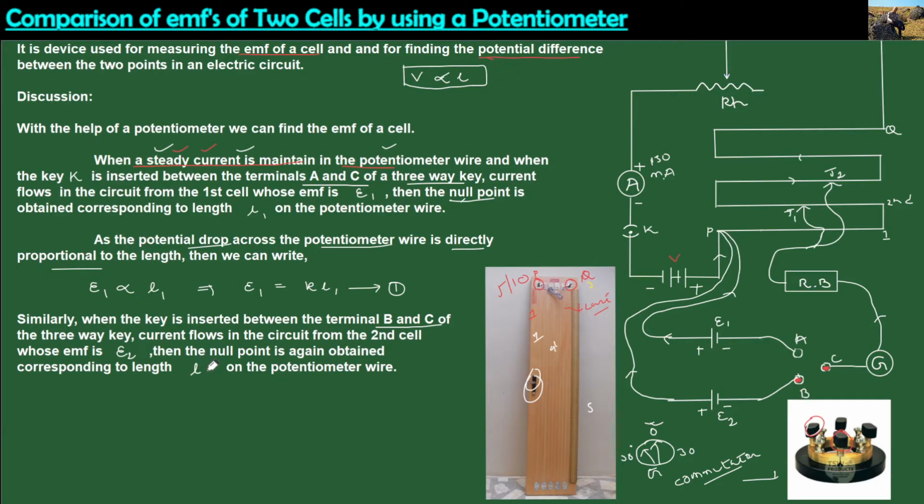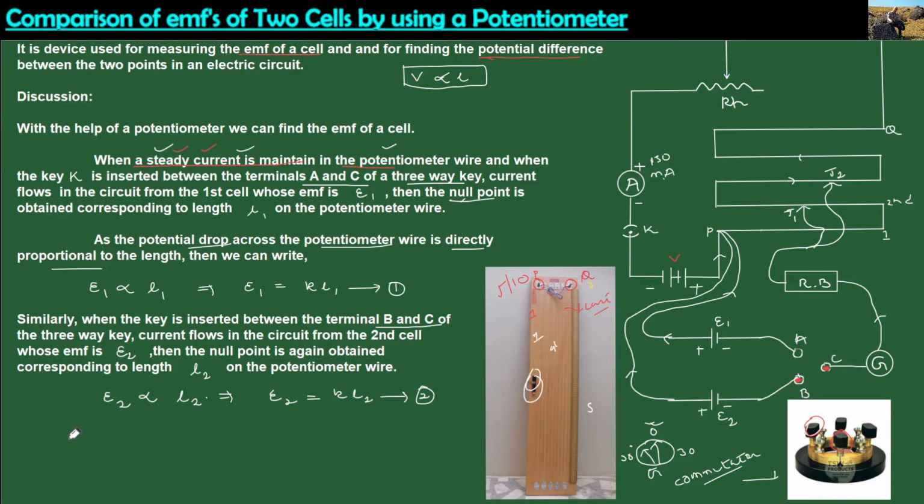Let L2 be the balance length corresponding to the null point from the second cell, having EMF E2. In this case also we can write that E2 is directly proportional to the balance length L2, which means E2 is equal to K L2. This will be equation number 2.